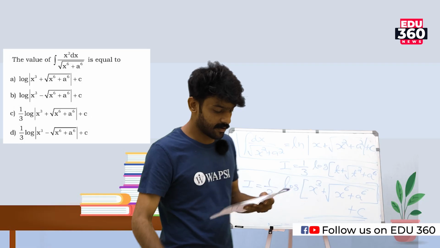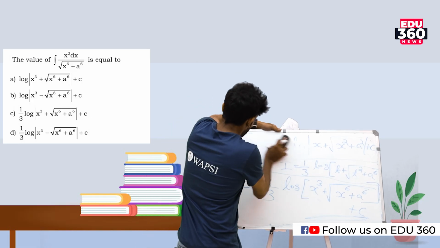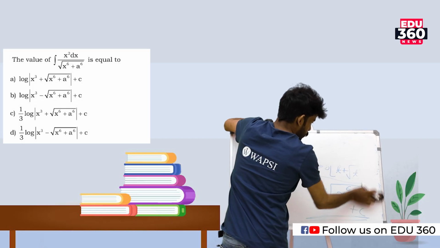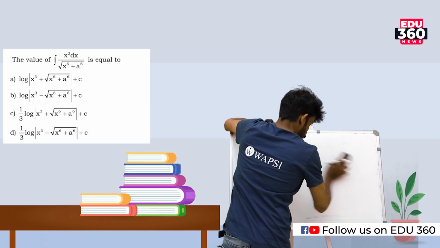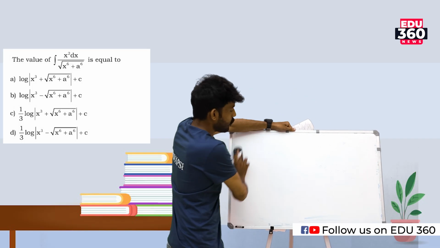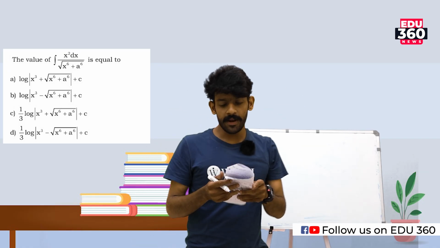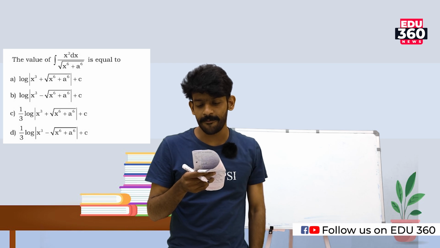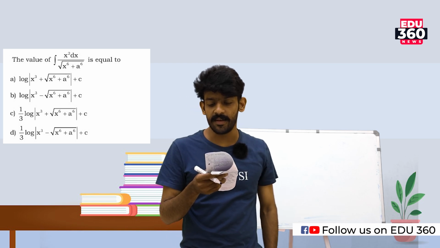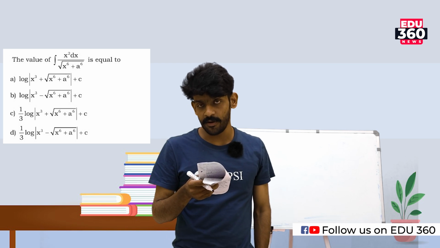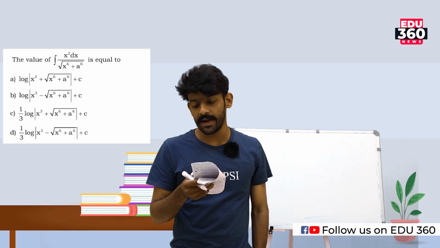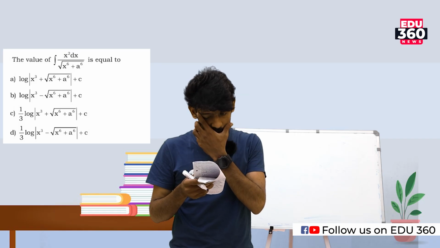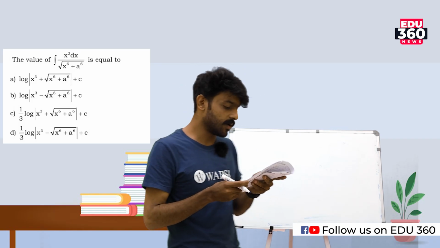So the next question is a simple question for you. It's given that the solution of the differential equation x dy minus y dx is equal to 0 represents which one?